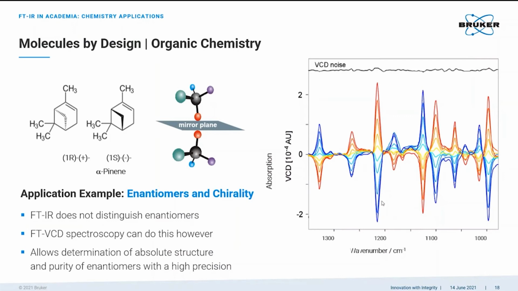From blue to red, we have pure 1R plus with a small share of 1S minus, then racemate, a big share of 1S, and pure 1S minus. Since the enantiomeric excess factor correlates linearly with the VCD band intensity, once you have the set of VCD data for a chiral molecule, you can deduce the enantiomeric purity of your newly synthesized product by measuring a VCD spectrum and doing linear regression.